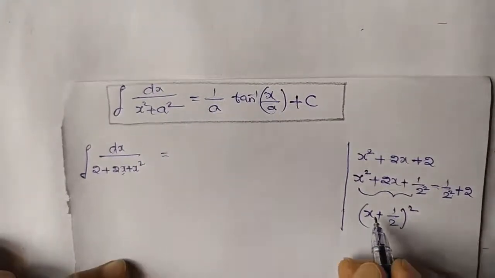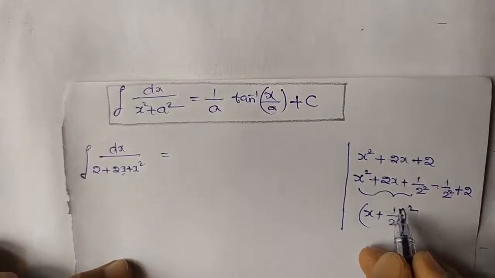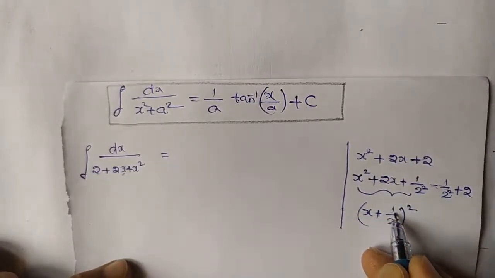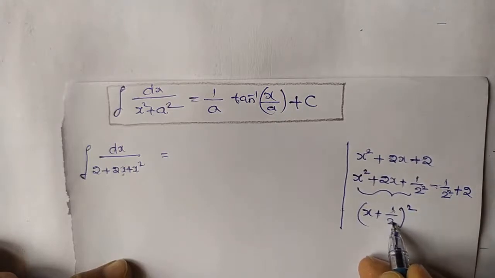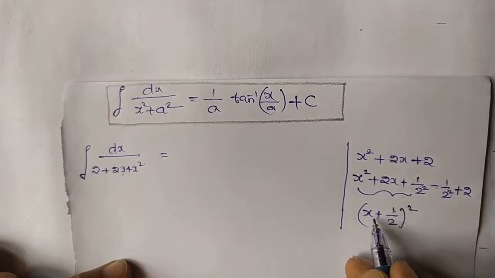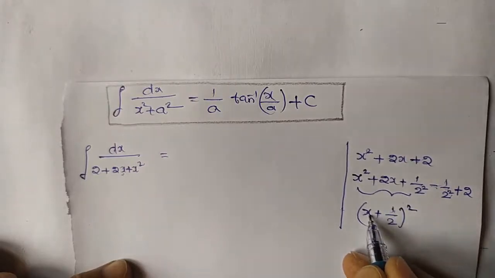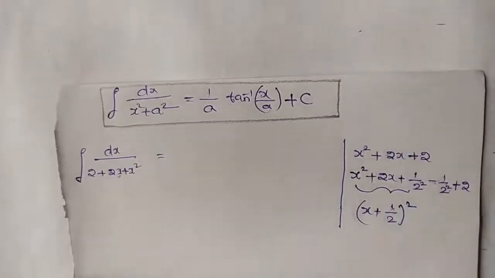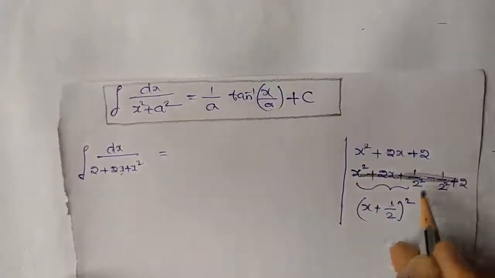If we expand this by using a plus b whole square, we will get x square plus b square, where 1 by 2 whole square is 1 by 4, plus 2ab. Sorry, here we are not getting it, so we need to simplify further.